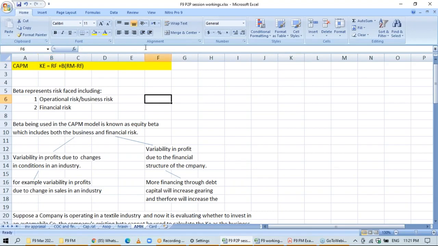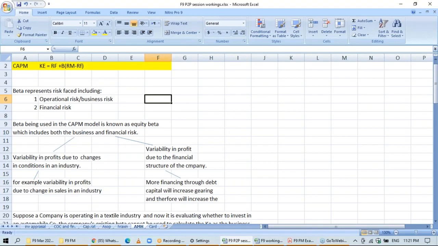This RF, the risk-free rate, is the rate at which the investors will invest in an investment without any risk. So suppose this is 4%, 10%. What does this mean?